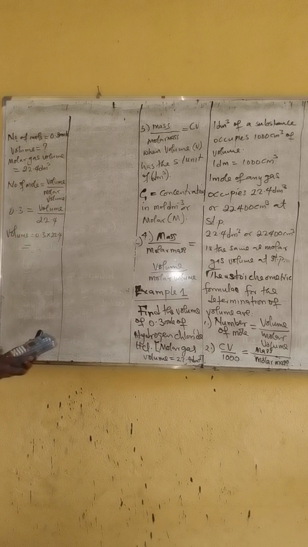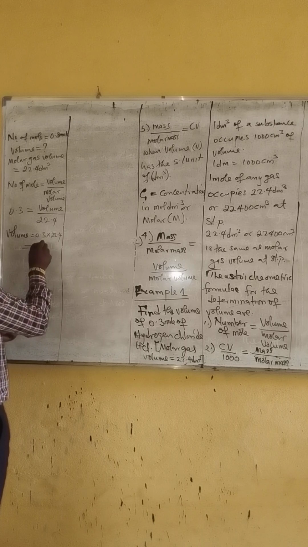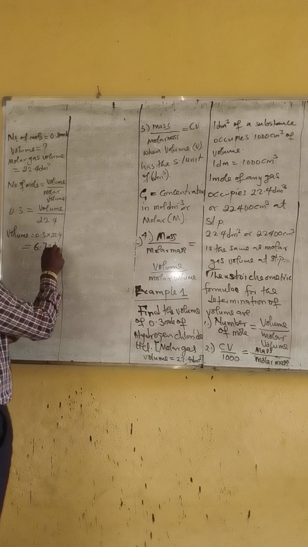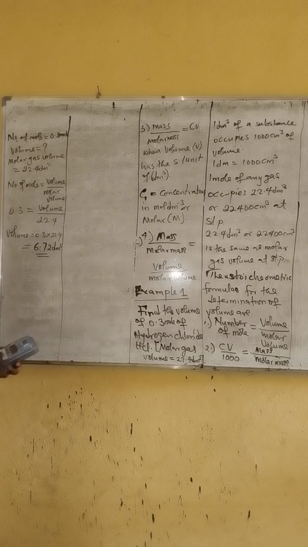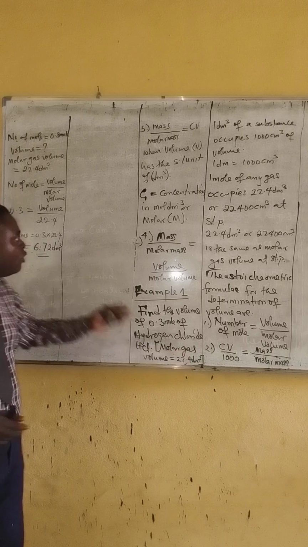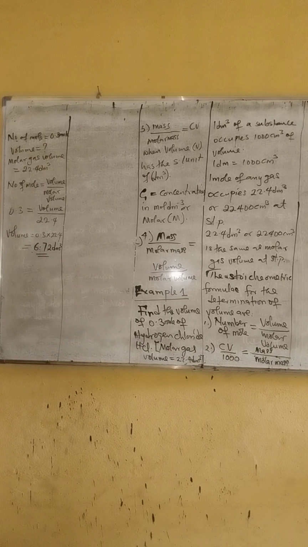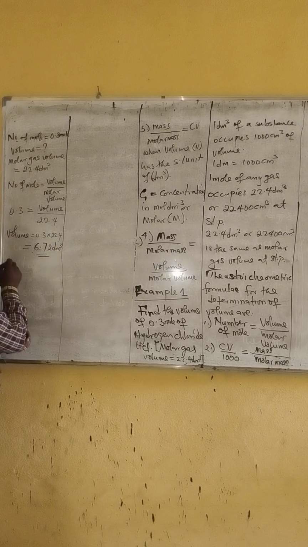Our answer is 3.72 dm3. Why are we using dm3? Why are we not using cm3? Because the molar volume given to us is in dm3, so the volume we are going to get must also be dm3.